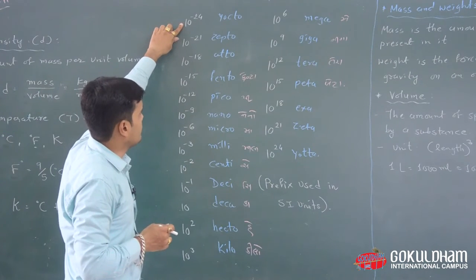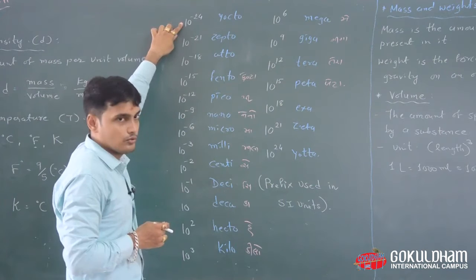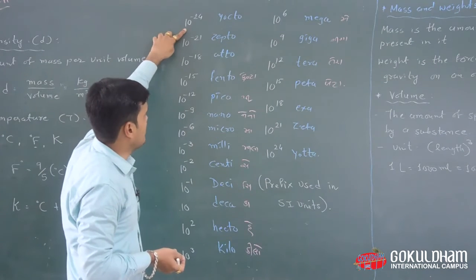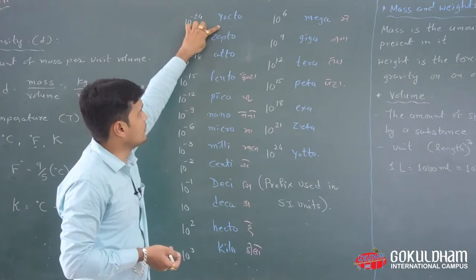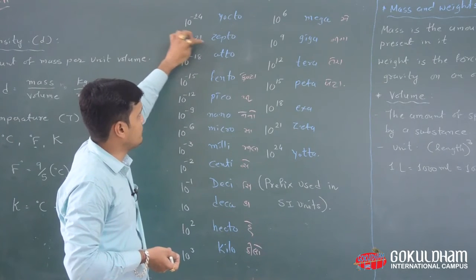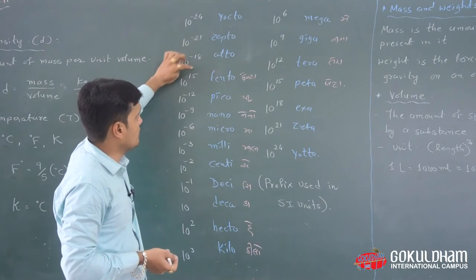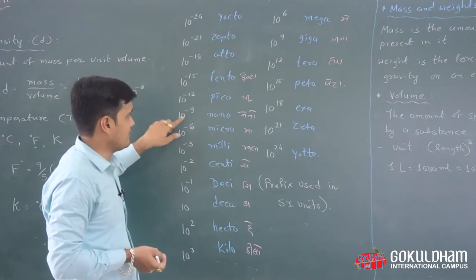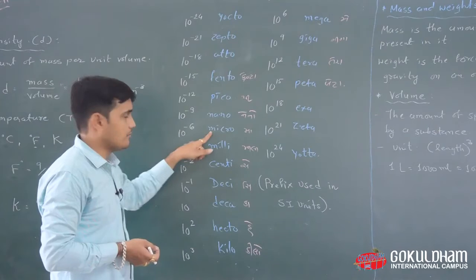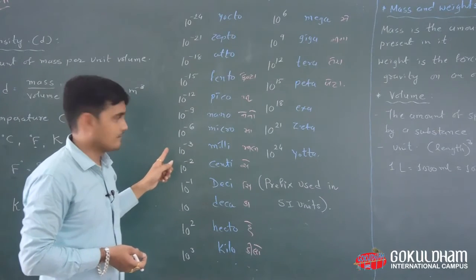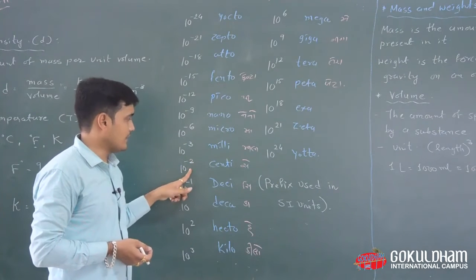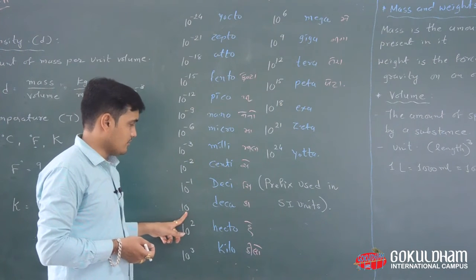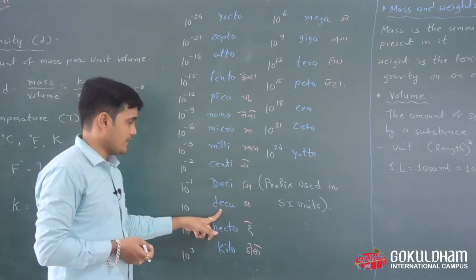The table is starting from 10 raised to minus 24 to positive 10 raised to 24. 10 raised to minus 24 is Yocto, minus 21 is Zepto, minus 18 is Atto, minus 15 Femto, minus 12 Pico, minus 9 Nano, minus 6 Micro, 10 raised to minus 3 Milli, 10 raised to minus 2 Centi, 10 raised to minus 1 Deci. Only 10 is known as Deca.